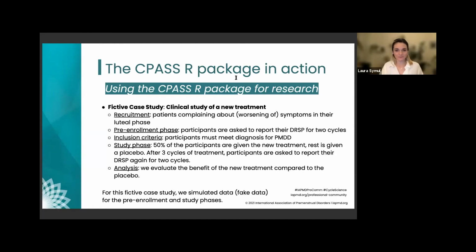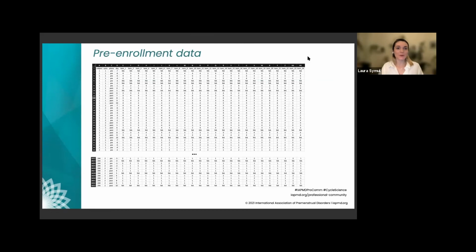And so if I just look at the pre-enrollment data, here is a big table. I'm sorry, it's a little small, but basically you see that about 244 subjects, from subject number 1, subject number 2, and ending with subject number 244, have been enrolled for the screening, and they have all reported data for 2 cycles.